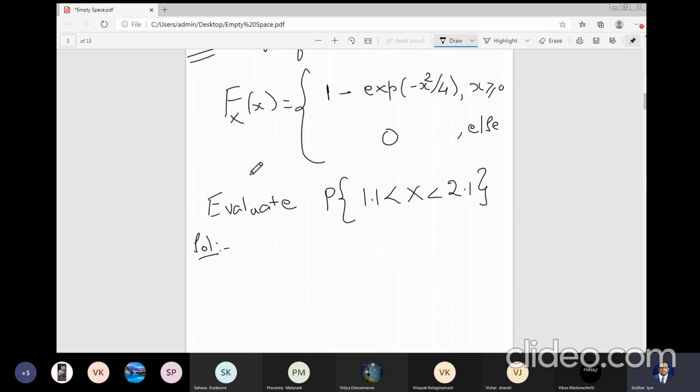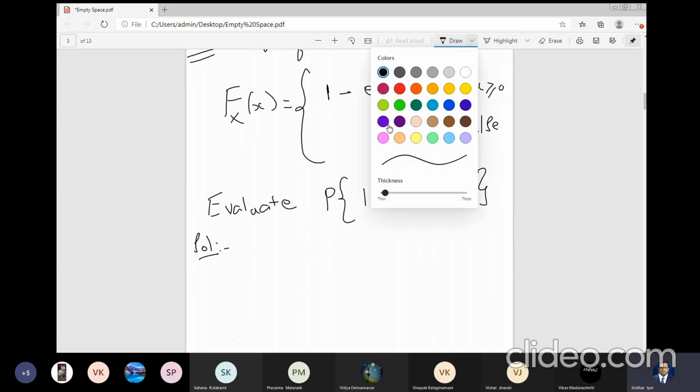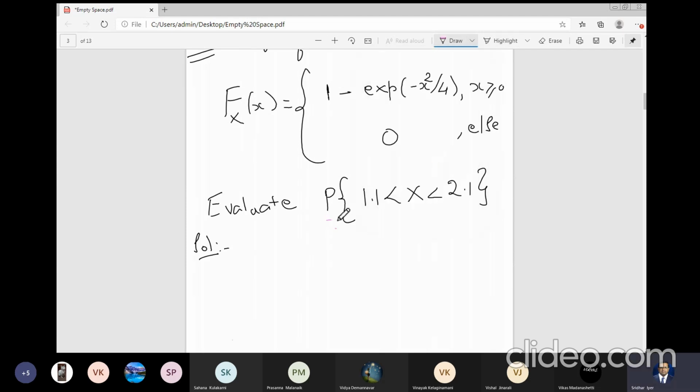So in this case, we can view this as probability of x1 less than x less than x2.